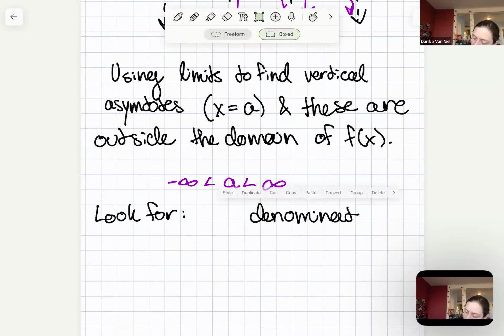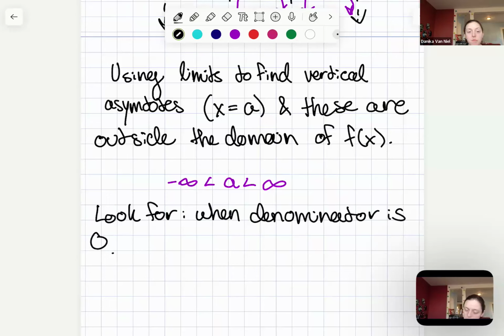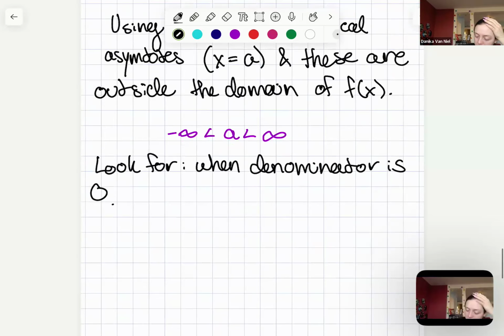That's our first step. And then we want to look at our left and right limits of that. Because for example, if we go back to that first example that we looked at, so maybe I'll say recall.